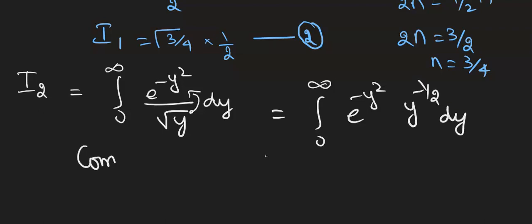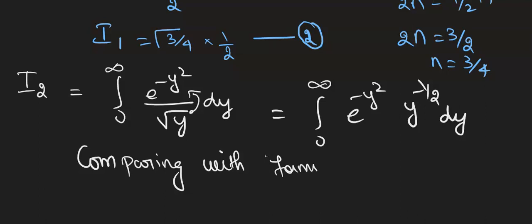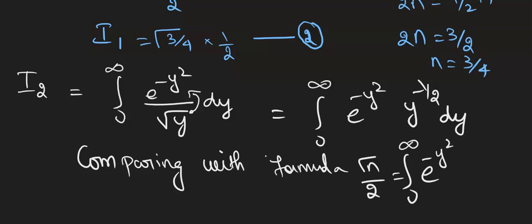So I am comparing with the formula. Already we have derived, right? The 2 is not there. Gamma of n by 2 is integral 0 to infinity e power minus t square, or you can write y square itself, y power 2n minus 1 dy.